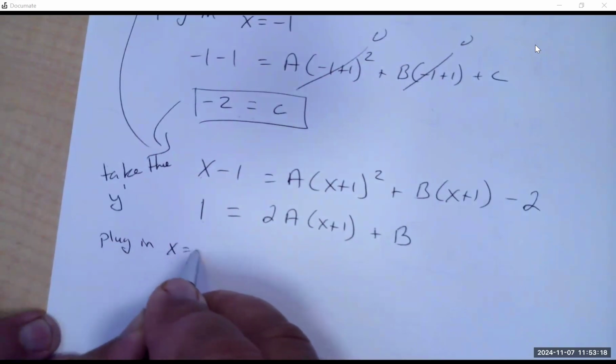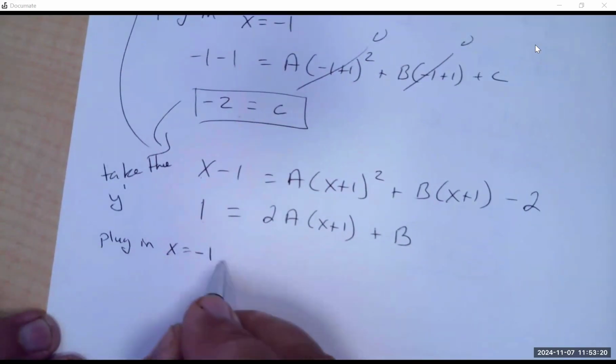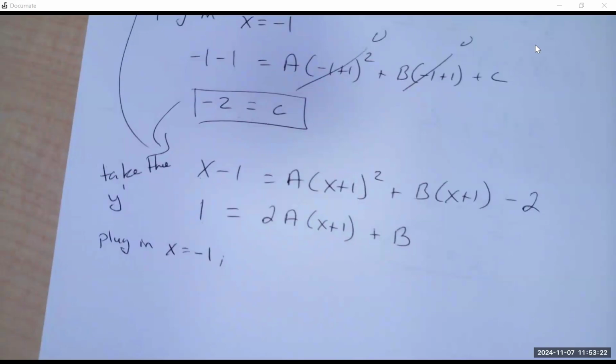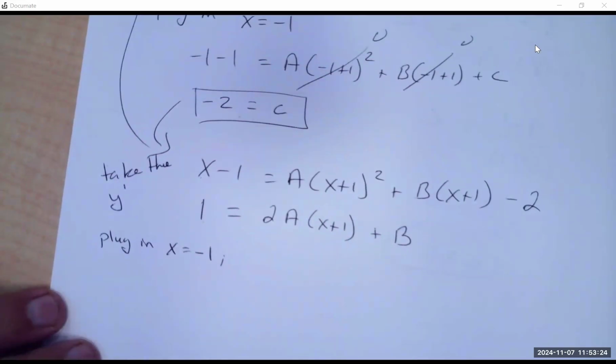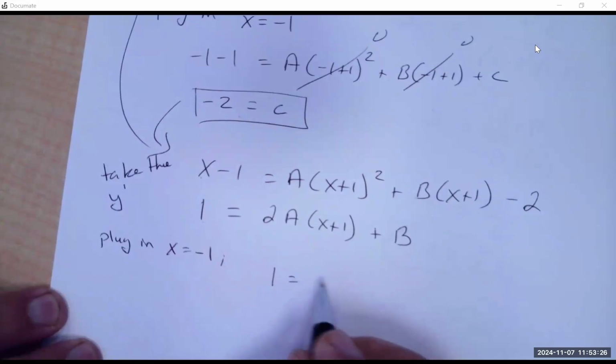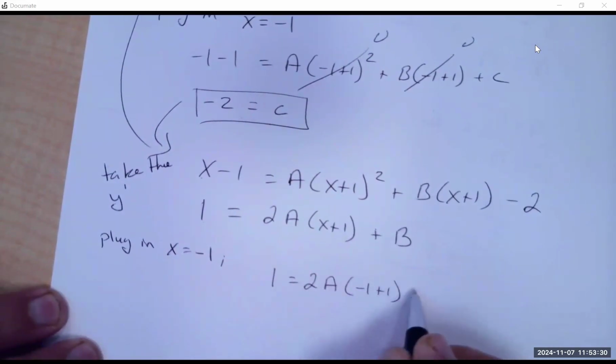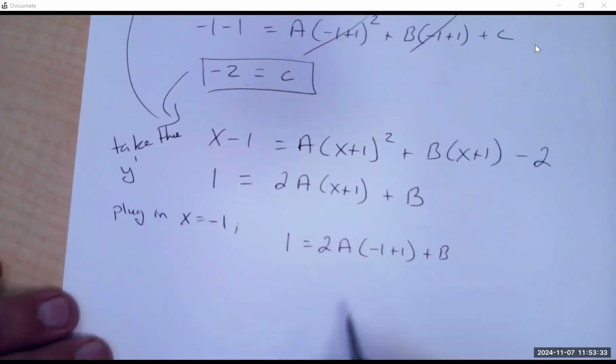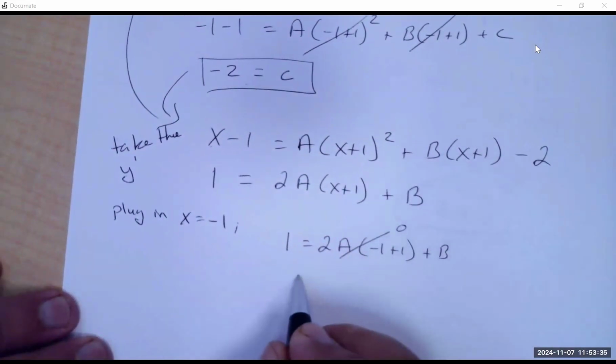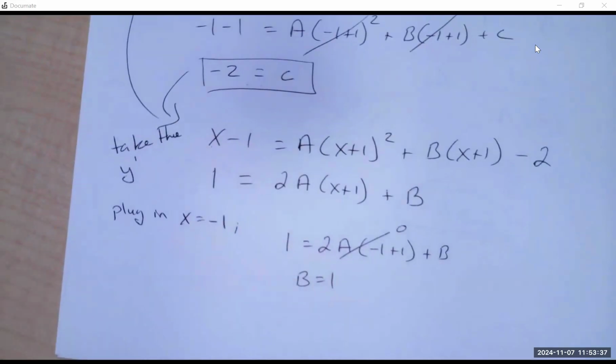Now you plug in x equals -1 again, solve for the constant. So we have 1 equals 2a times -1 plus 1 plus b. That goes to 0, so b is equal to 1.